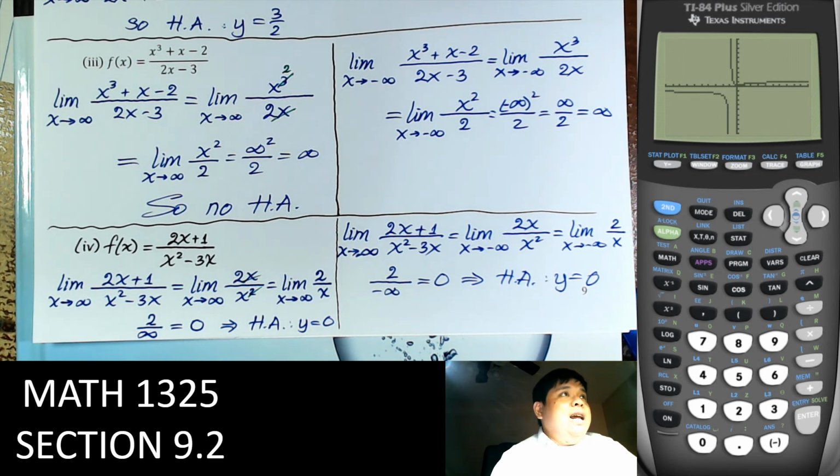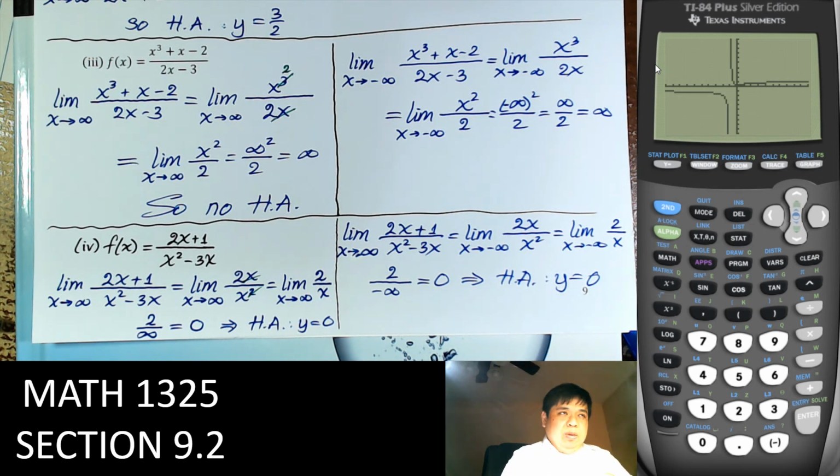You see, there is a horizontal asymptote equal to 1 when x goes to infinity, and when x goes to negative infinity, it goes to negative 1. So in this case, we have 2 horizontal asymptotes: y equal to 1 when x goes to infinity, and the other horizontal asymptote is y equal to negative 1 when x goes to negative infinity. So we have a maximum of 2 horizontal asymptotes, 1 for infinity and 1 for negative infinity.